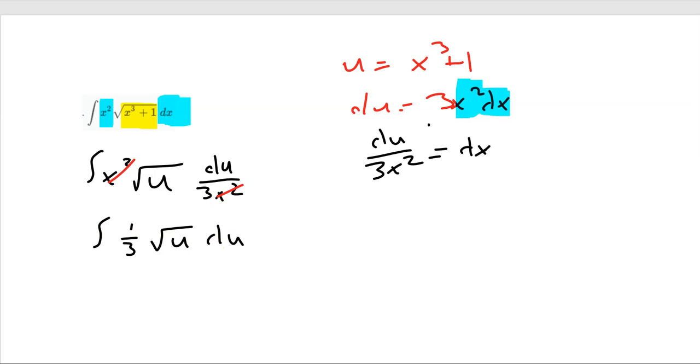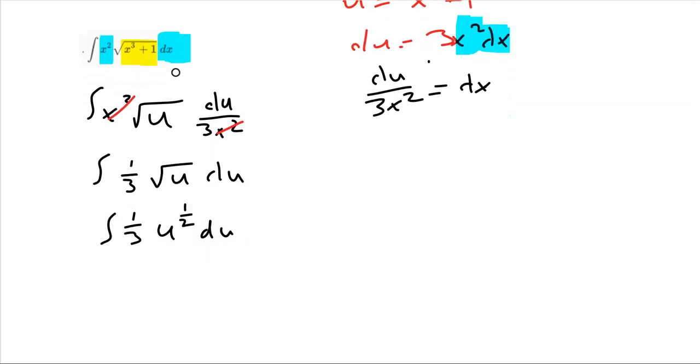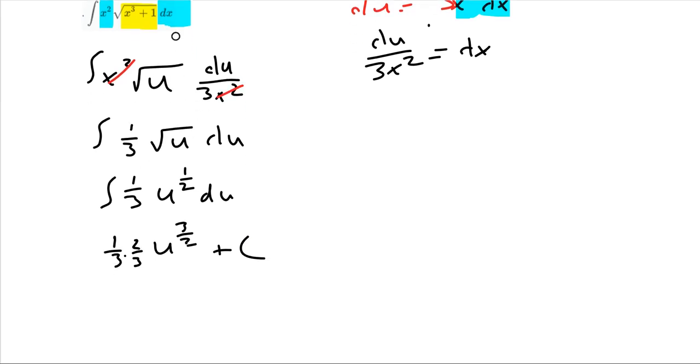du. Now this is an integral I know how to handle because that's just the u to the 1/2. All right, so we add 1 to the exponent, so that's going to be u to the 3/2. Then we'll divide by the new exponent, and so we'll have the 1/3 times 2/3, because we're dividing by the fraction, so we multiply by its reciprocal, plus c. Okay.